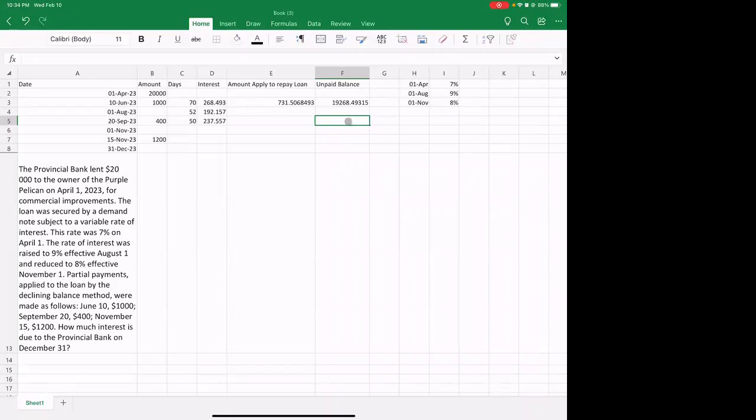So the unpaid balance should be equal to... so here on September 20, you make a payment of $4,400, but the interest is this one.